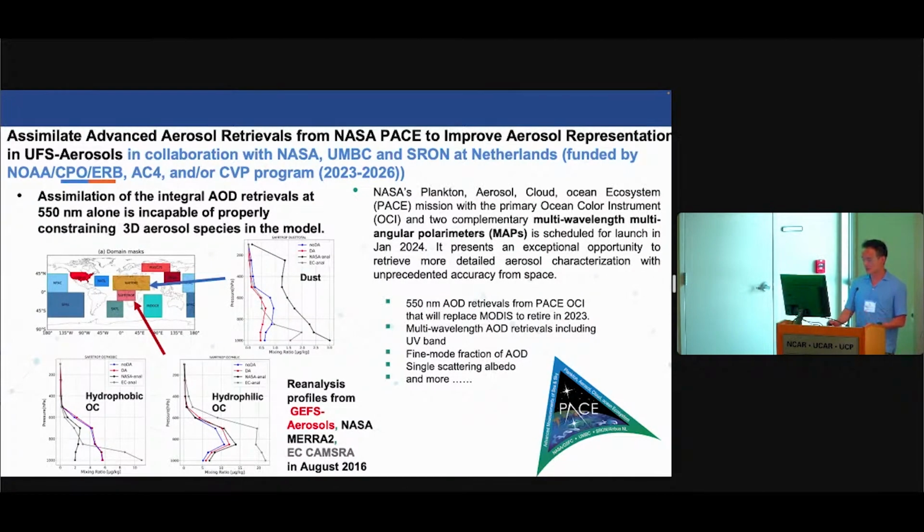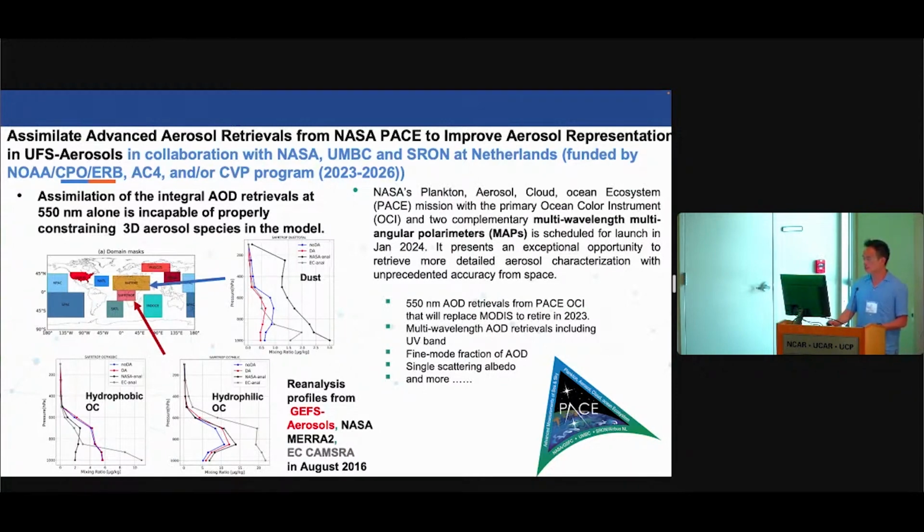You can see the profiles for dust and organic carbonaceous aerosols are very different in our analysis in red, NASA's reanalysis in black, and ECMWF's reanalysis in gray. This large uncertainty makes it very difficult to understand aerosols' relative impact in the model.